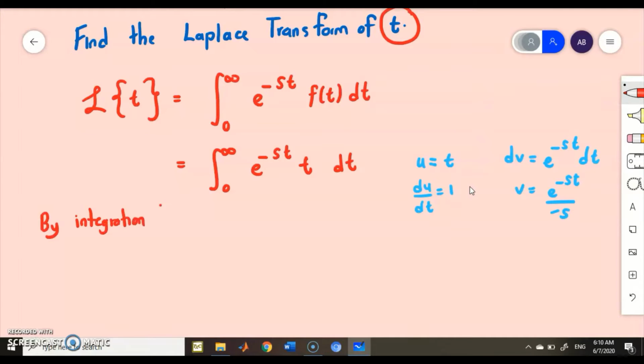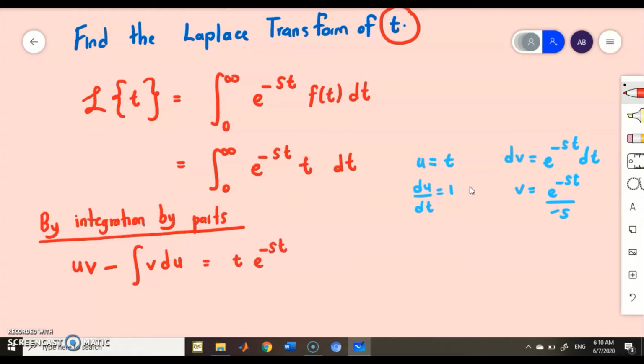Integration by parts says the integral of u dv is uv minus the integral of v du. Let's put it into this notation: u is t, and v is e to the negative st over negative s.